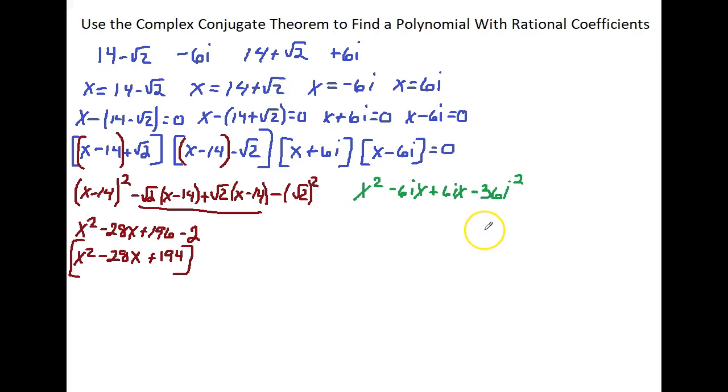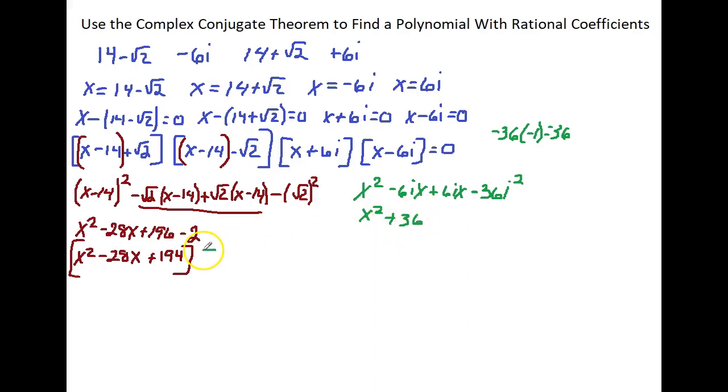So we can replace all i squareds with negative 1, which makes this into a positive 36. So, negative 36 times i squared, which is negative 1, equals 36. So, what I'm left with here is x squared plus 36.